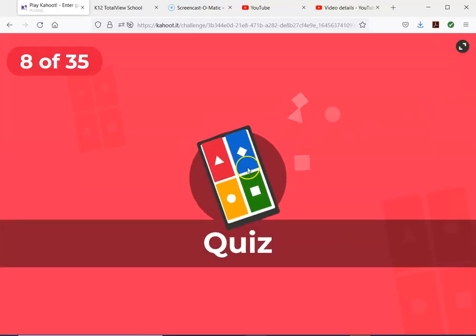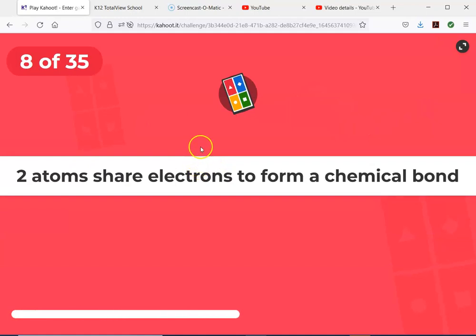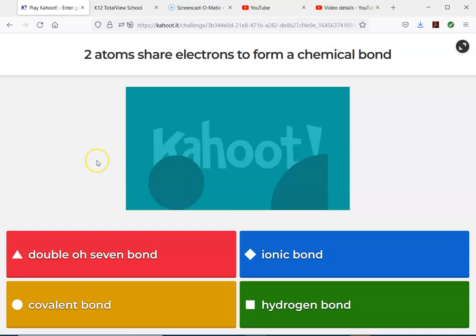All right, next. Number 8, 2 atoms share electrons to form a chemical bond. 2 atoms share electrons. Sharing. Ooh, we talk about electron sharing here. A 007 bond. Sounds a little spyish and suspicious to me.